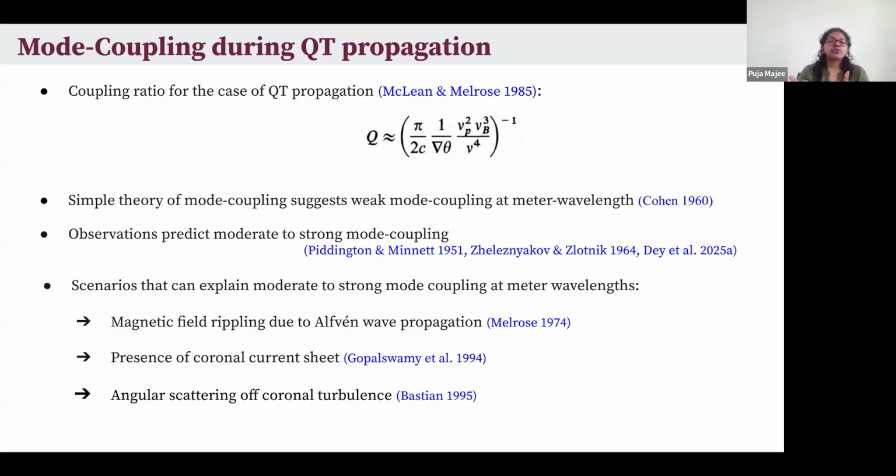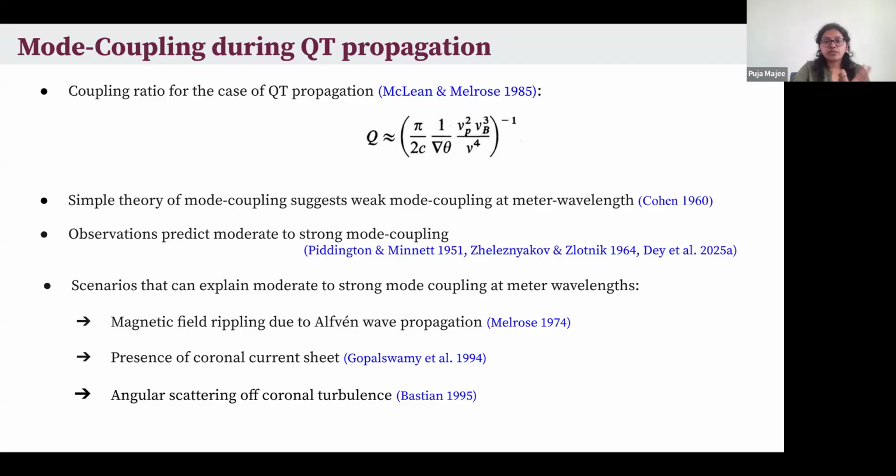So after the generation of the type 2 emission, it can encounter a moderate or strong coupling regime, even if it started from a weak coupling regime.